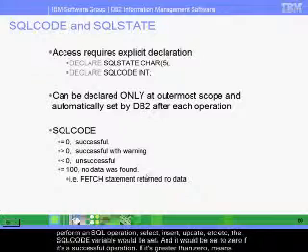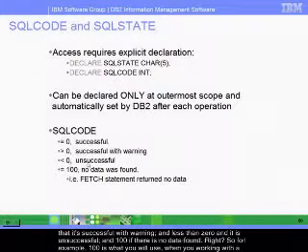Every time you perform an SQL operation, such as select, insert, or update, the SQLCODE variable will be set. It will be set to 0 if it's a successful operation. If it's greater than 0, it means it was successful with a warning, and less than 0 means it's unsuccessful, and 100 if there is no data found.